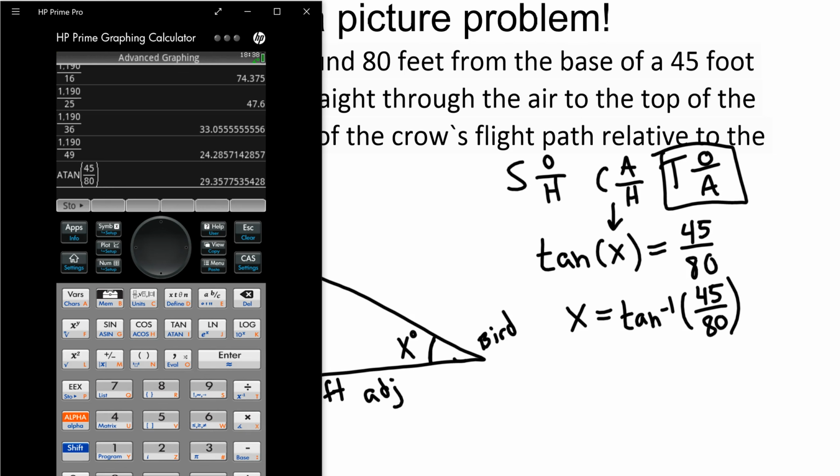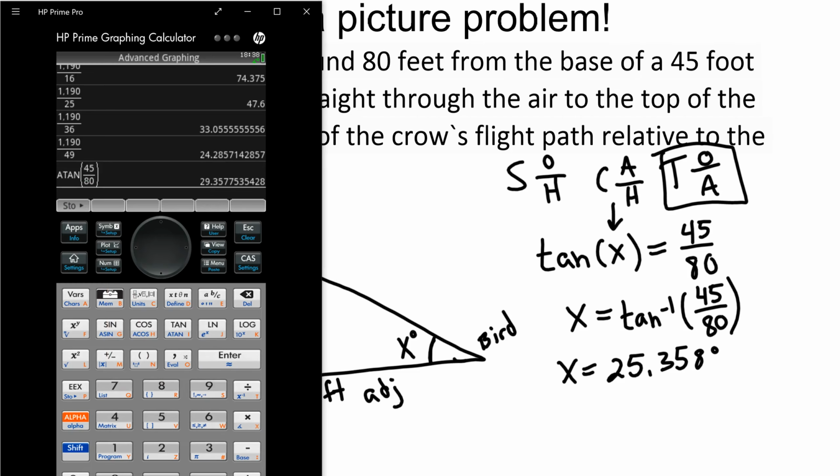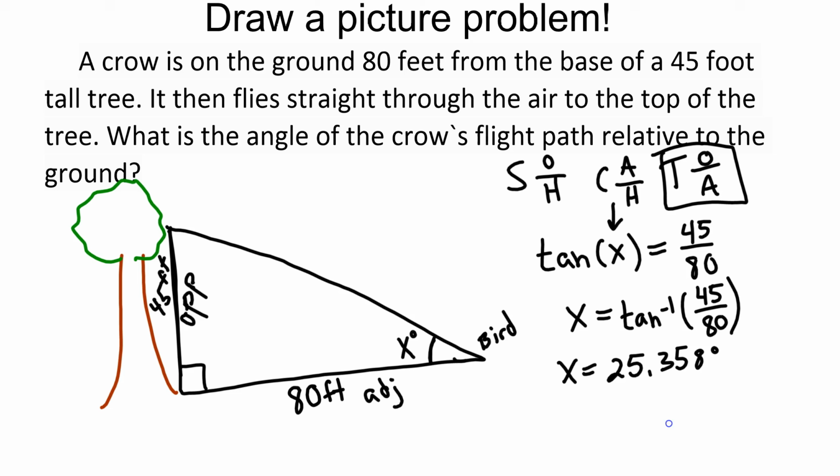So we got 29.358 degrees. All right, so let's get that on here. X is equal to 25.358 degrees. Let's check that. I can't remember. Is that what it was? 29.358. I made a mistake. Let's adjust. 29.358.